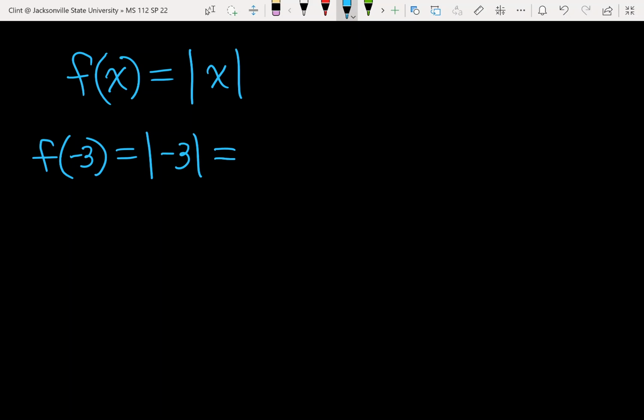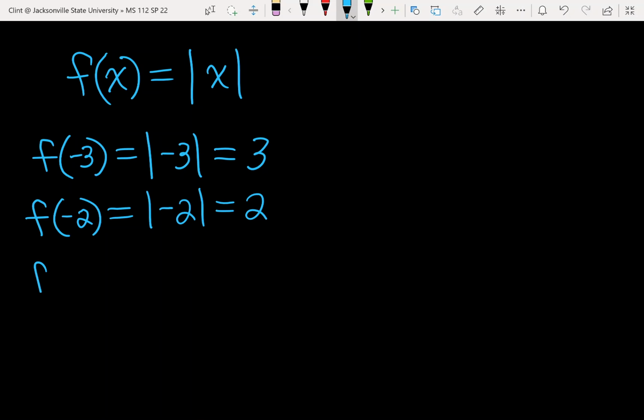So the absolute value of -3 is 3. Absolute value of -2 is 2. We'll skip to 0.